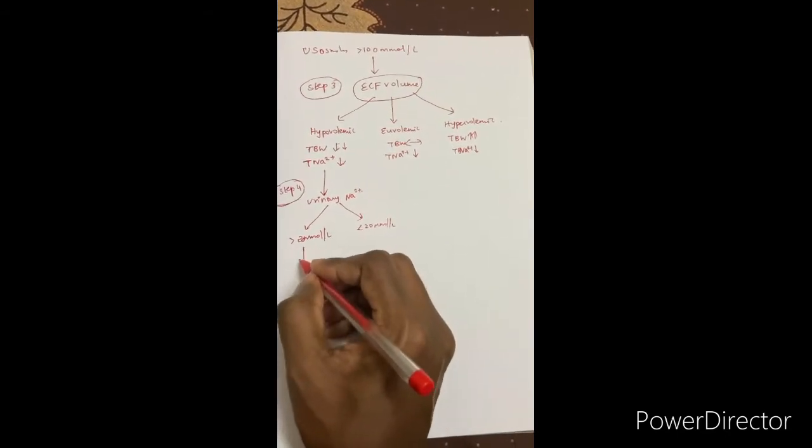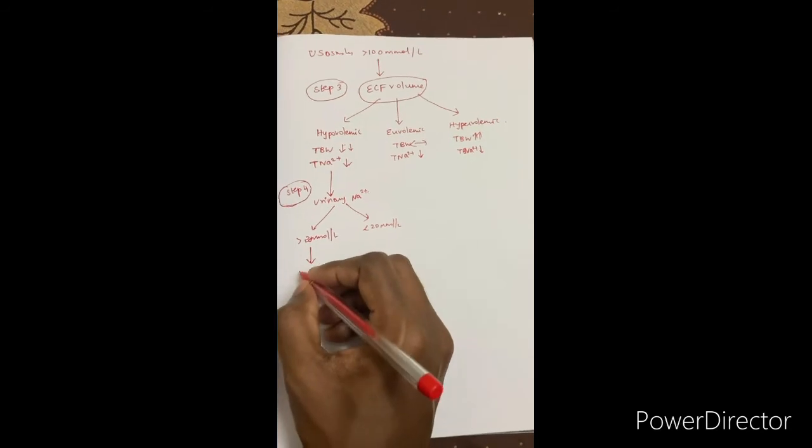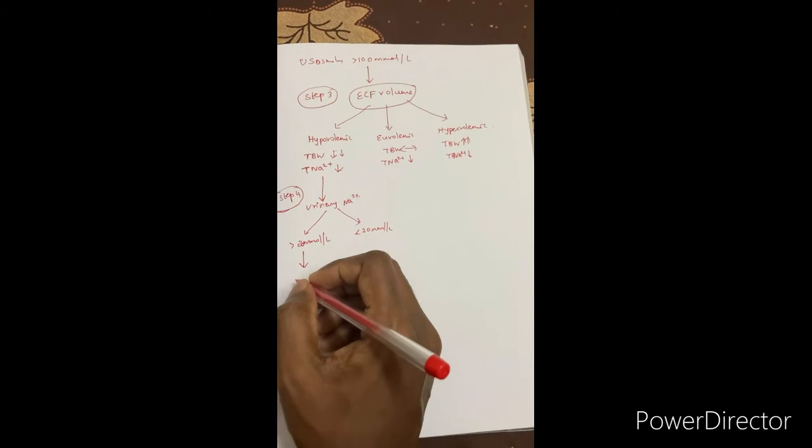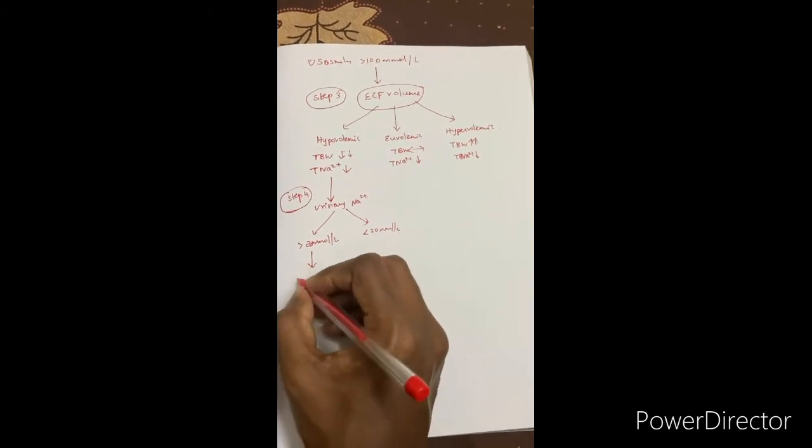If it is more than 20 millimoles per liter, that means there are renal causes. The excretion of sodium is more, so the patient is getting hyponatremia. So which are the conditions?